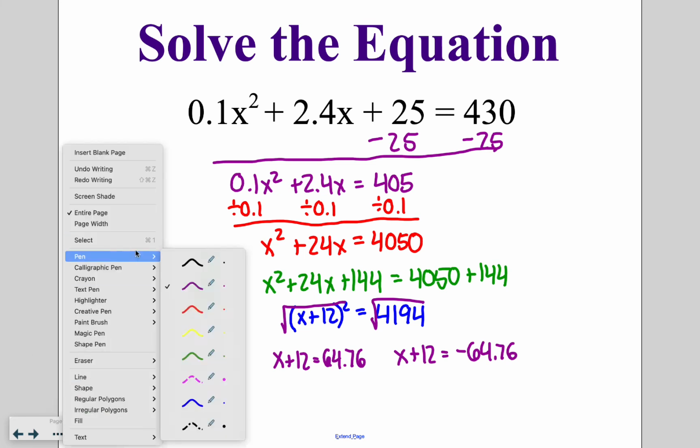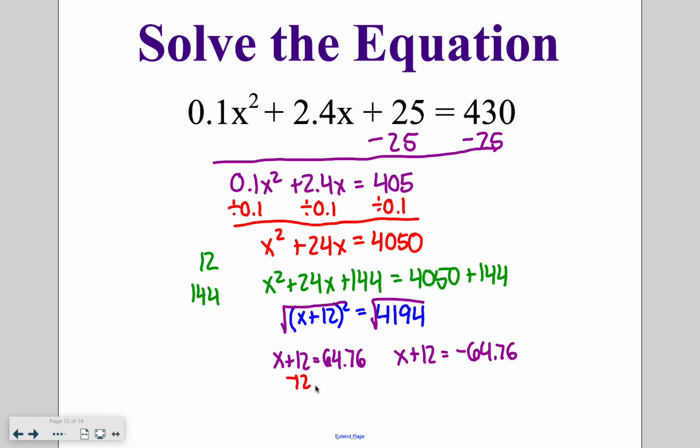Then I'm going to do my final step of actually solving the problem and subtract 12 on both sides. So my first answer is going to be 52.76. And when I solve the second one, once again, by subtracting 12, I get my second answer of -76.76.